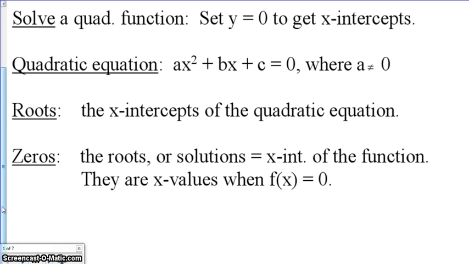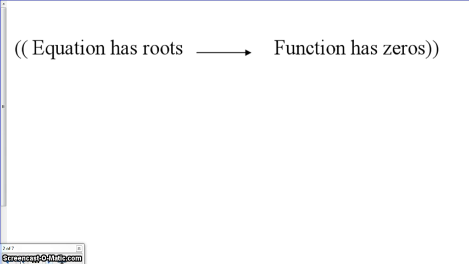They are the x values when f of x equals 0. So when a function equals 0, we call them zeros. It's just a technical term when we're dealing with functions. An equation has roots. So again, an equation, the technical term for roots, is similar to a function with its technical term of zeros.